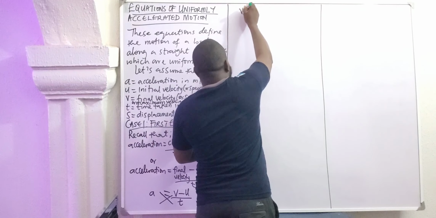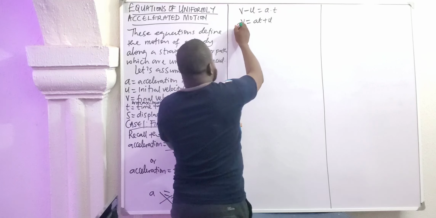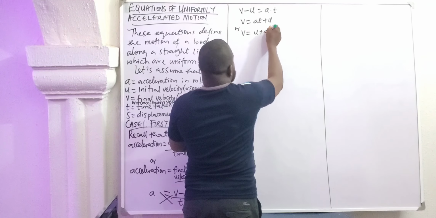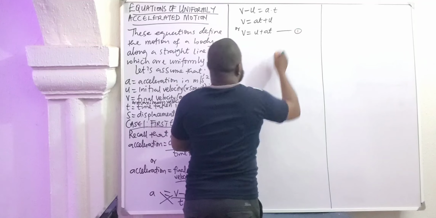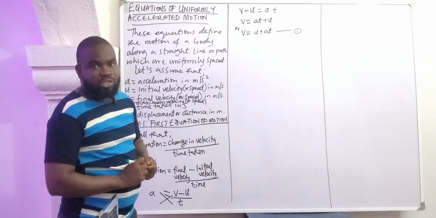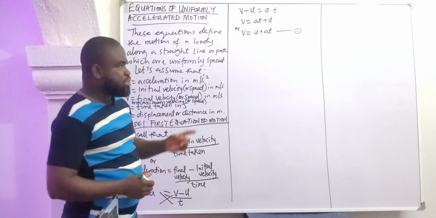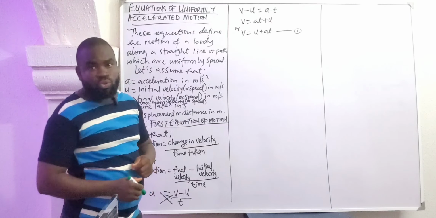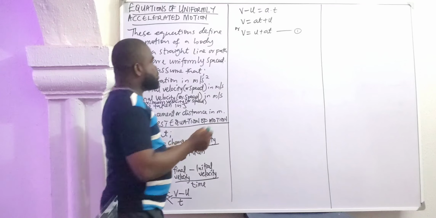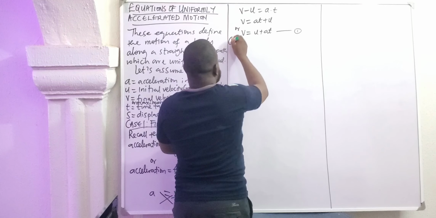We have V equals AT plus U. The preferred way of writing the first equation of motion is V equals U plus AT, and this is the first equation of motion. So if you are asked to state the first equation of motion, simply say V equals U plus AT.